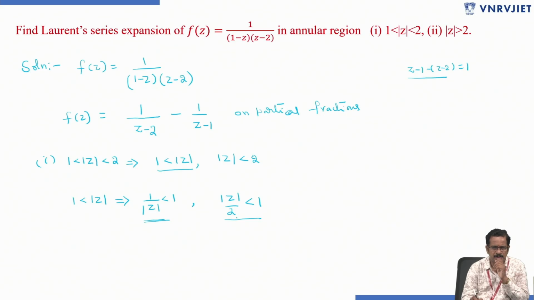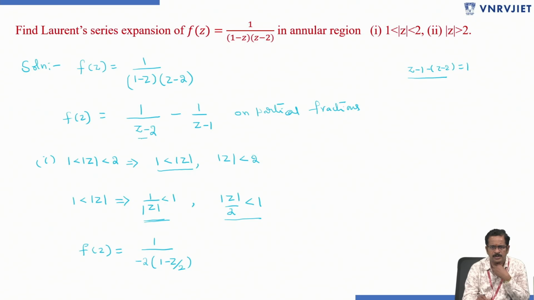You need to expand in terms of 1 by z and in terms of z by 2. So therefore, now I am writing f(z) as 1 by, so z by 2, so here I am taking minus 2, I am taking 1 minus z by 2.